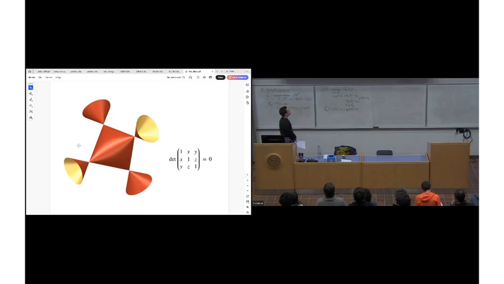The inequality description of this spectrahedron is precisely that the matrix is positive semi-definite. So you can see from that it's an affine slice of the PSD cone of 3 by 3 matrices. It's the affine slice given by diagonal equal 1.